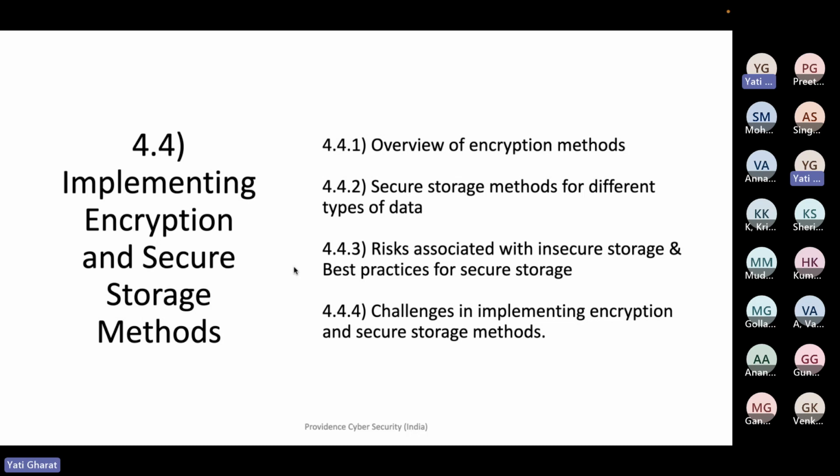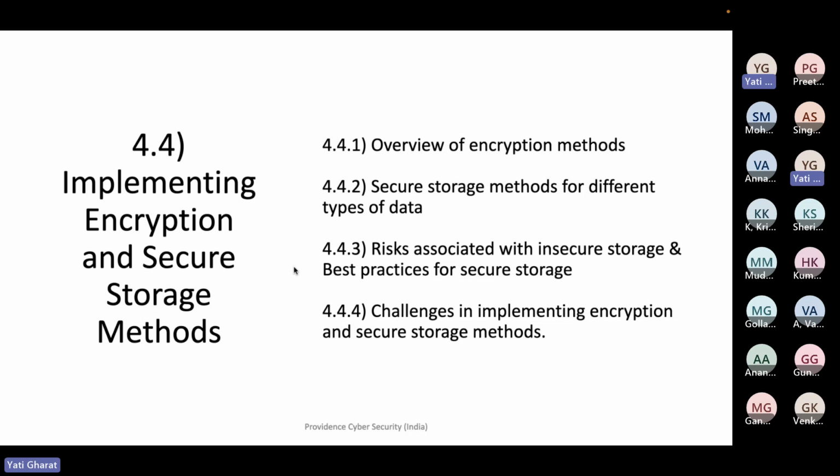So, an overview of encryption methods. What is encryption? We know it is converting the data into some form or format so that only decryption can help to recover that data.